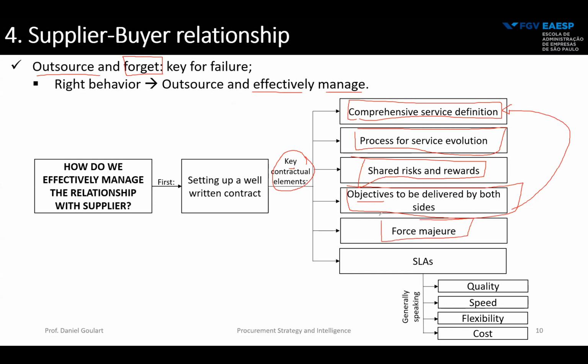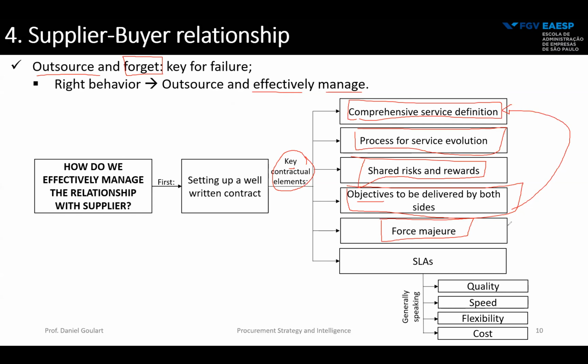Clauses related to force majeure, very, very, very important. What is force majeure? What are the events considered as force majeure? For example, a hurricane. If a hurricane hits the industrial facility of the supplier and the supplier shuts down the production, and this is forecasted in the contract, the buyer cannot charge the supplier for any losses that he could have related to the lack of supply.